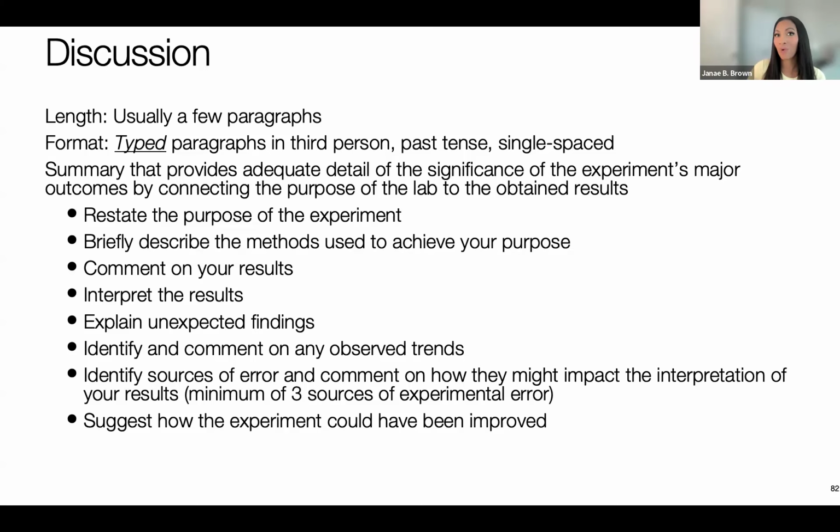And a lot of times there's more than one method. Comment on your key results. So this is going to be the most critical part of that discussion. And that kind of goes hand in hand with interpreting those results. You don't just want to say, my percentage of sucrose in apple juice was 43.8%.